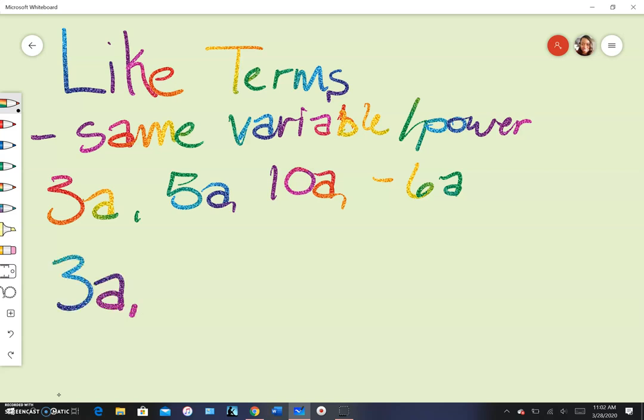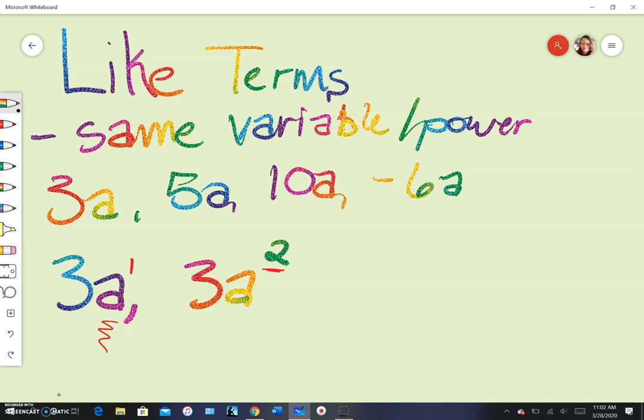3a is not the same term as 3a to the second power because this a over here is actually to the first power, where this one is to the second. So when those powers do not align, they are not like terms.